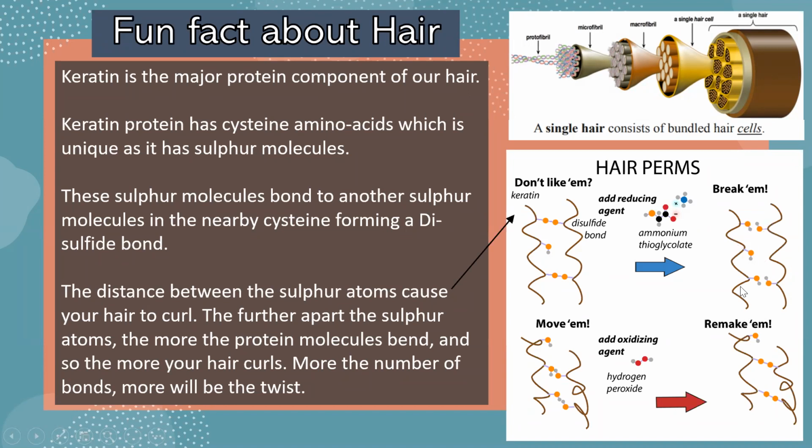So there are fewer curls, or you can add an oxidizing agent, and then you can make those curls again. So I think it's really an application that you might be seeing, or you might have at least heard of, people getting curls or perms, and that is relevant to this and how the cysteine particularly interacts in this.